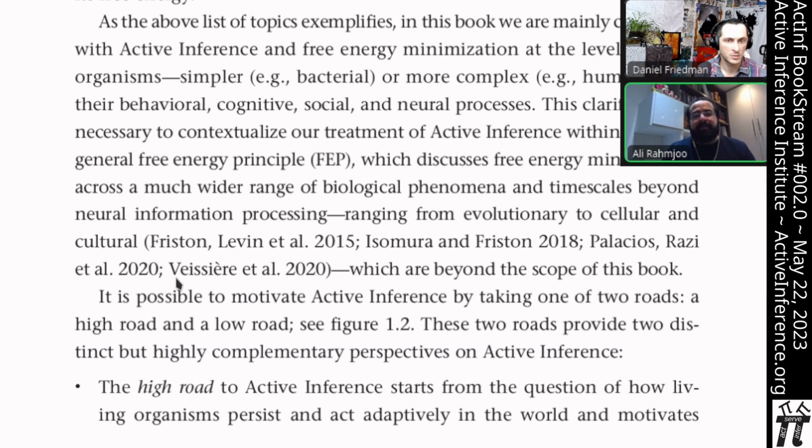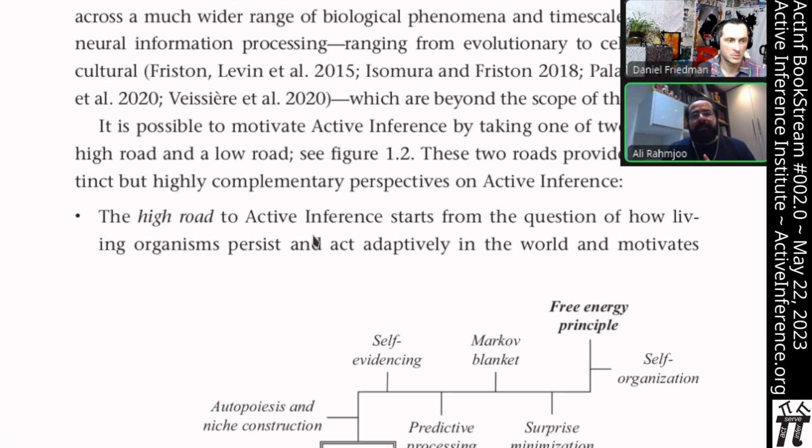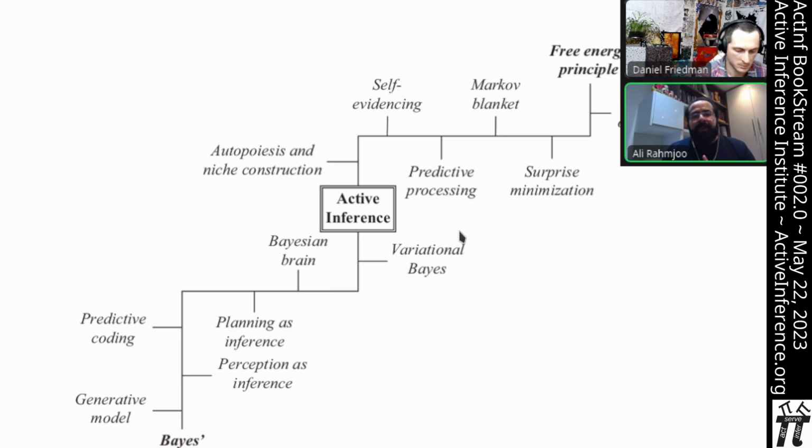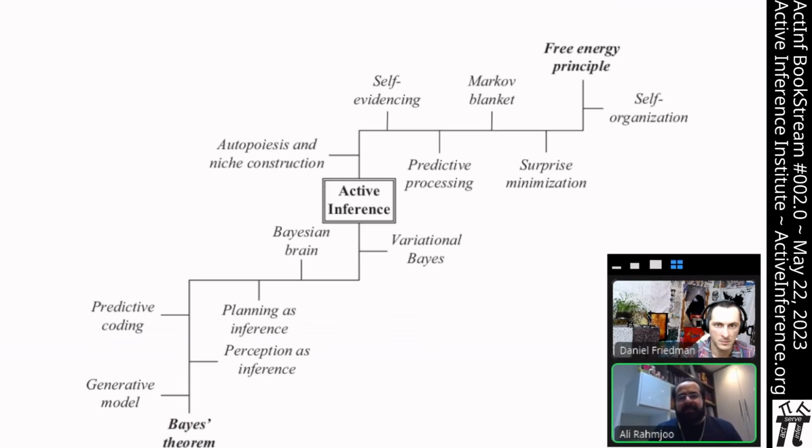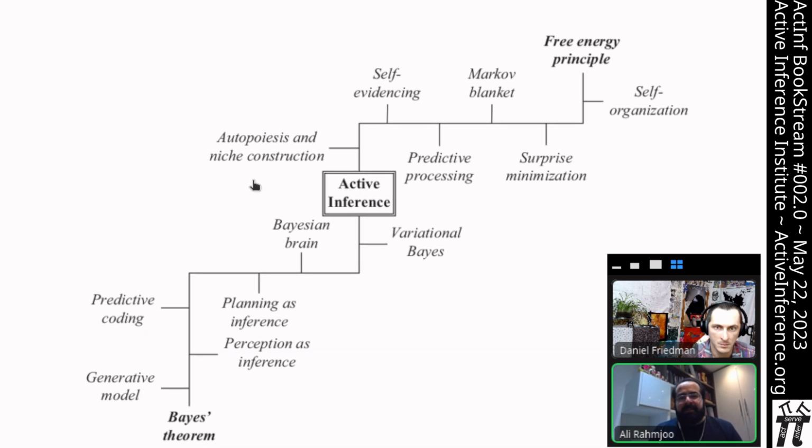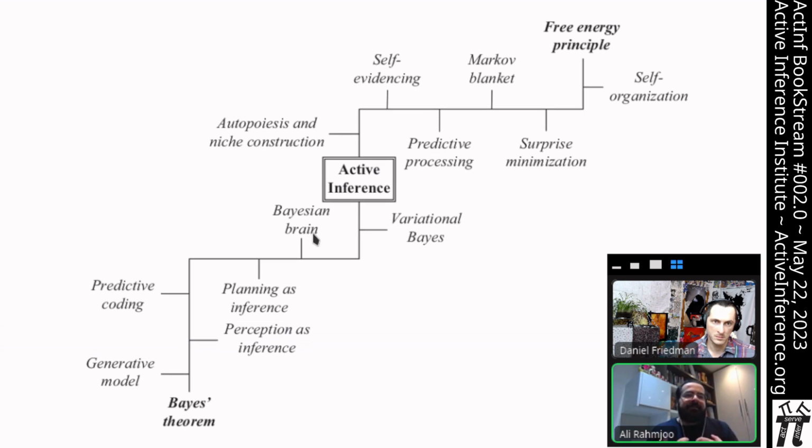And then a very important diagram, which will be very helpful for the whole book, is provided in figure 1.2, which ties all the different strands of various related theories, such as predictive coding, predictive processing, the Bayesian brain hypothesis, and so on, into a unified and integrated framework by using those two trajectories of constructing active inference, namely the high road and the low road.